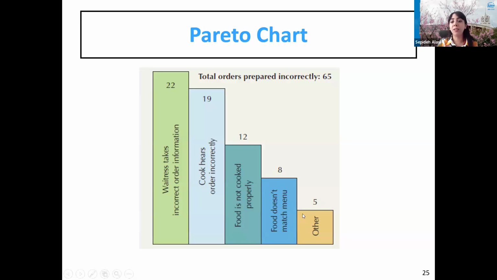Okay, and other causes for 5 times. So here the major issue is with the waitress and probably the cook. So these are the most important causes that the restaurant really needs to focus on to fix this mistake, and hopefully they can prepare the orders more properly after resolving the issue.